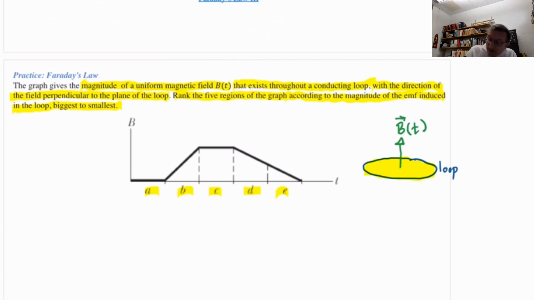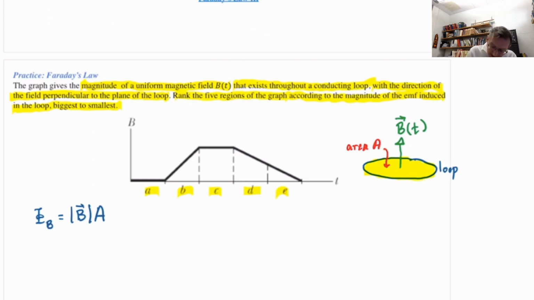Okay? You see that since I have a flat surface and a uniform B perpendicular to it, I can use the shortcut expression for the magnetic flux. Magnitude of B times the total area of that surface. Okay?